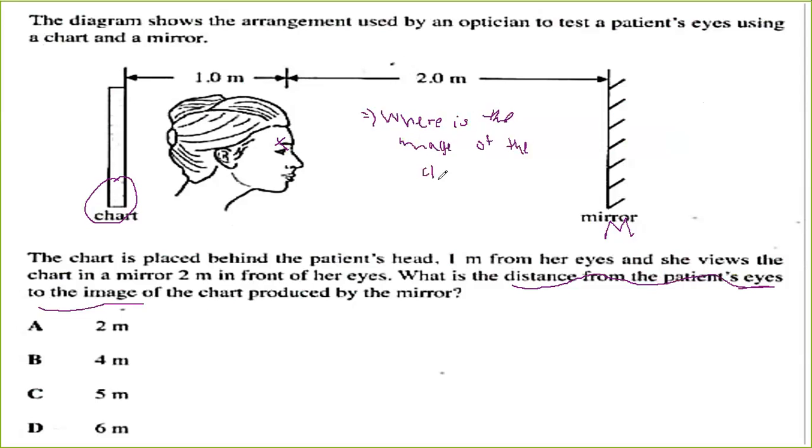That's your hint. First thing you need to do is find the image of the chart. And remember, object distance is equal to image distance from the mirror.